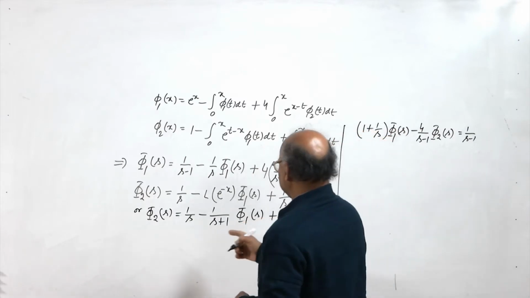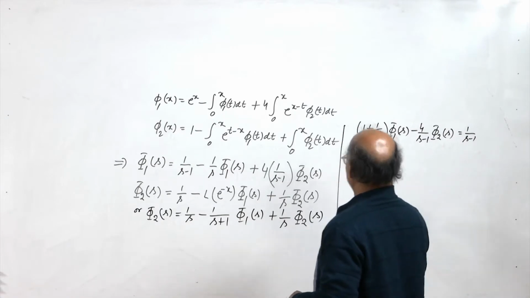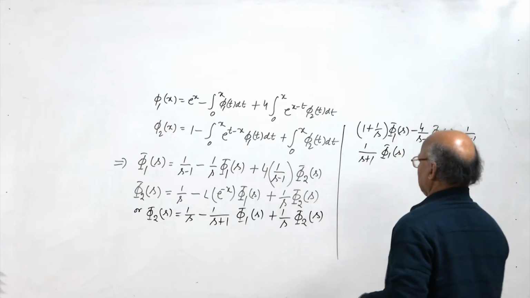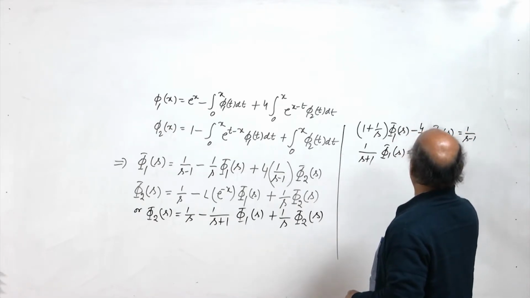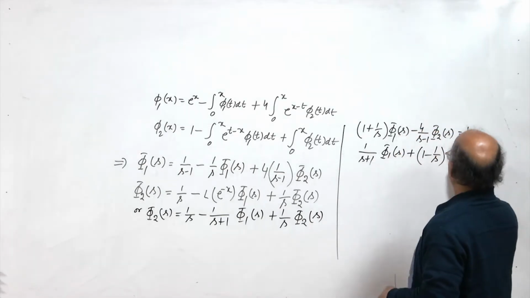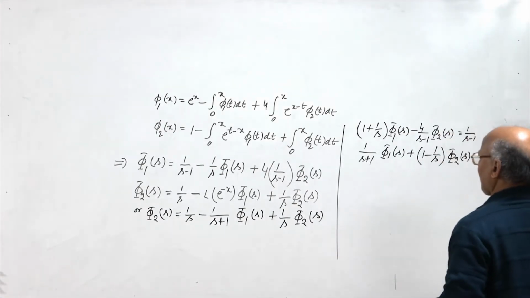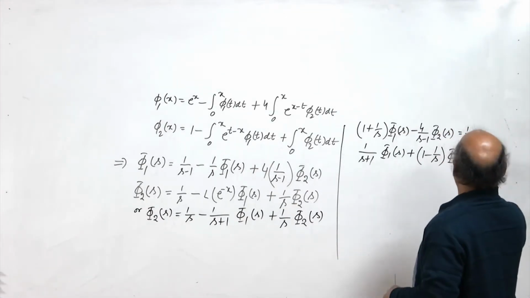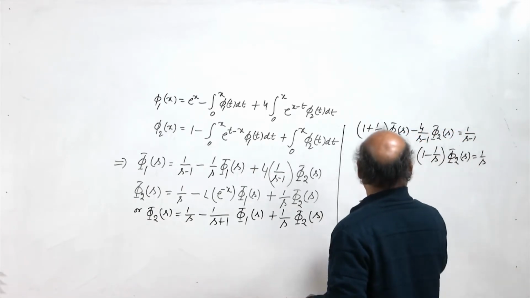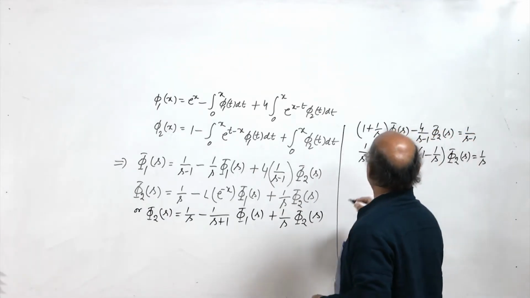The second equation gives you 1 over s plus 1 into phi 1 s plus 1 minus 1 upon s into phi 2 s equal to 1 upon s. Again let us solve this system of linear algebraic equations in phi 1 s, phi 2 s by applying Cramer's rule.